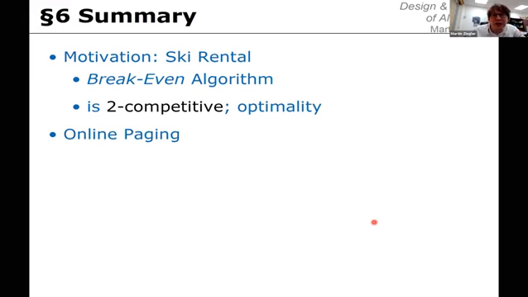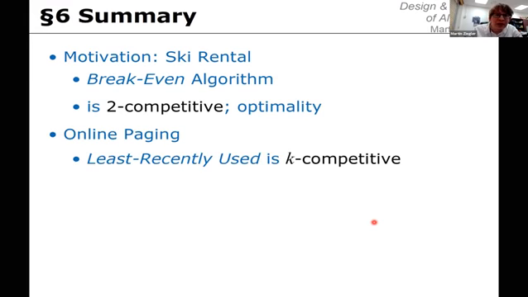Then we've considered the online paging problem for managing a cache. We've considered the least recently used heuristic, and we've turned this into an algorithm by analyzing it, showing that it is actually k competitive, where k is the size of the cache.